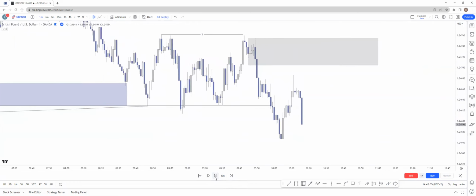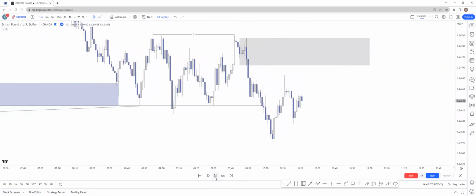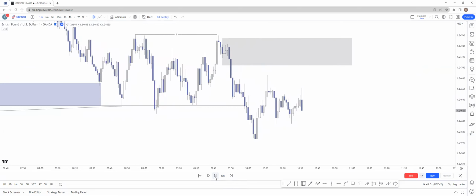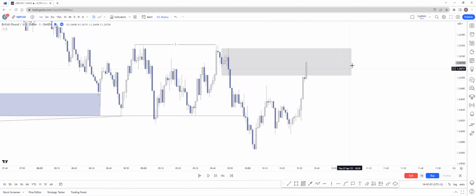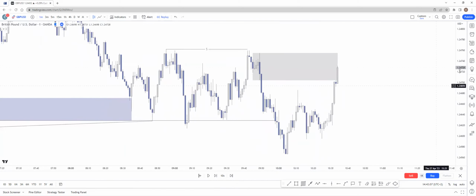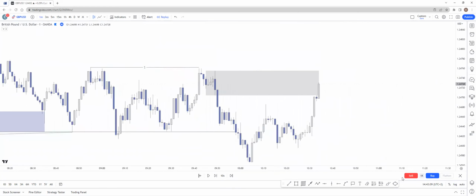All right. Price started the reversal back to the supply, but didn't mitigate it yet. But we have a mitigation, which is literally perfect, 50% mitigation. And we don't really have a clear liquidity pool here.